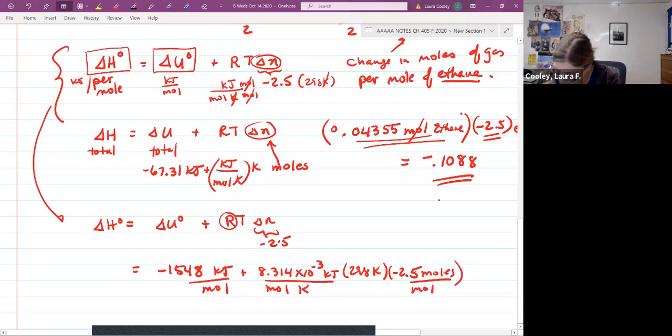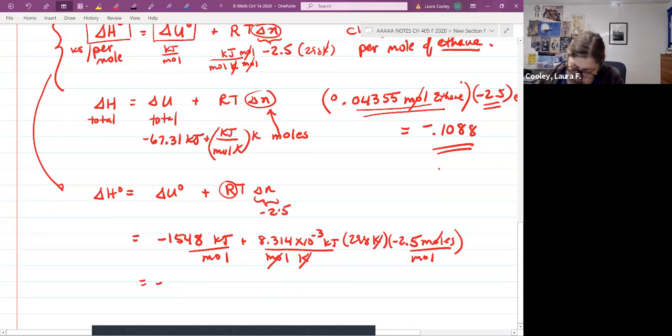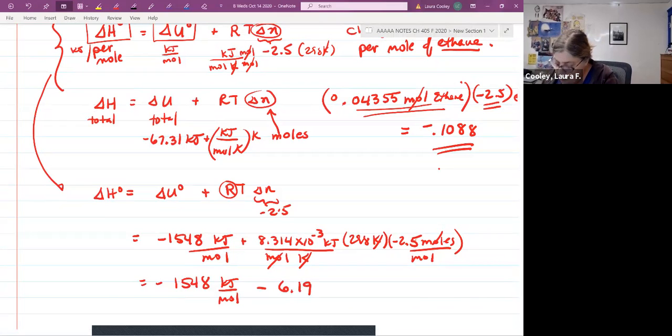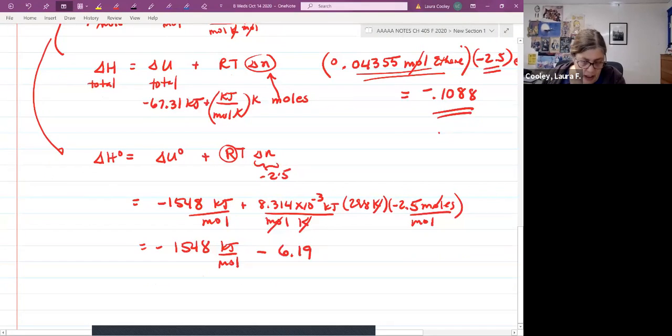And then moles cancel, Kelvin cancels. So this is negative 1548. And that term there is minus 6.19. Let's check that. 8.314 times 10 to the negative 3 times 298 times 2.5. Yeah, negative. So it's actually not a huge correction. Okay.